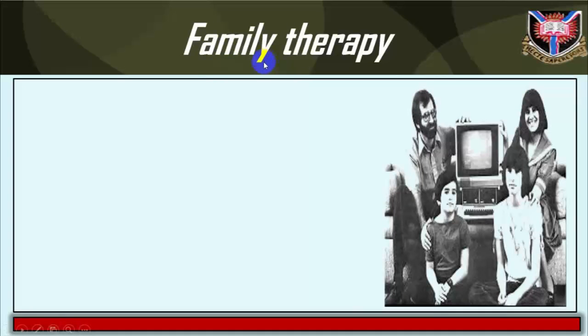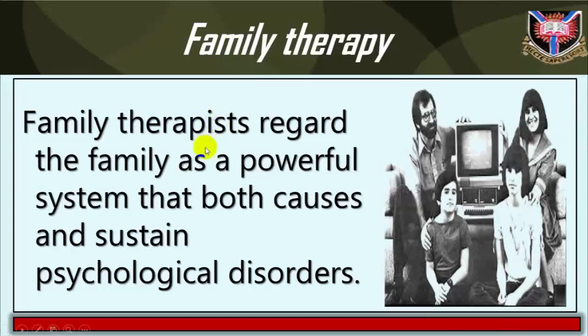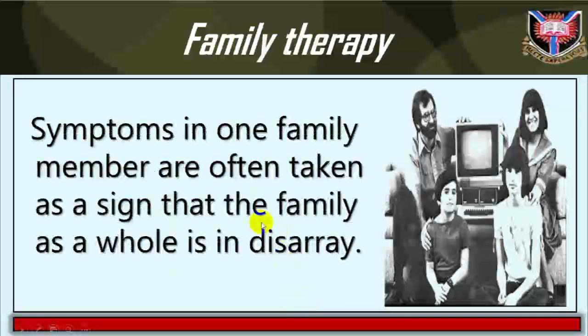Family therapy. Family therapy regards the family as a powerful system that both causes and sustains psychological disorders. Symptoms in one family member are often taken as a sign that the family as a whole is in disarray.